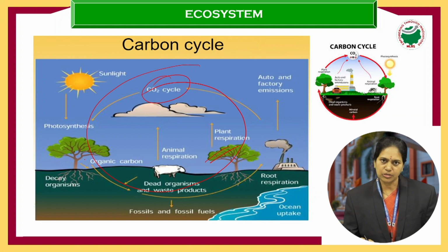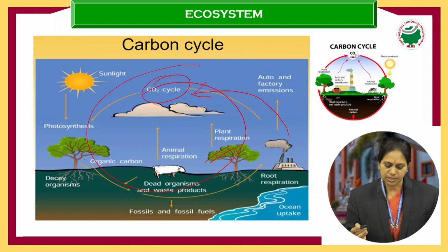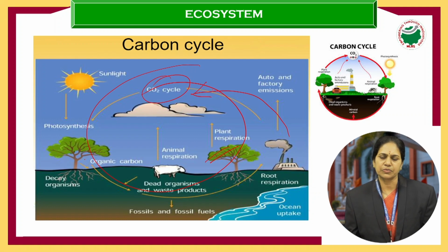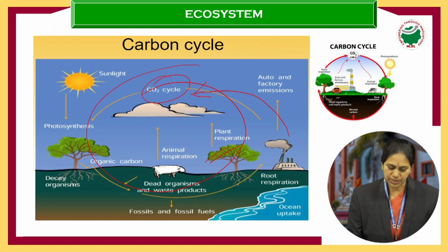But the other component added to this is the automobile sector and the industrial sector. An extra amount of carbon dioxide is added into the atmosphere because of human interference. This is the main problem. The cycle is going on properly: it is taken by the plants and consumed by the animals. Again, when plants and animals die, those remains liberate carbon dioxide, which reaches back to the atmosphere.